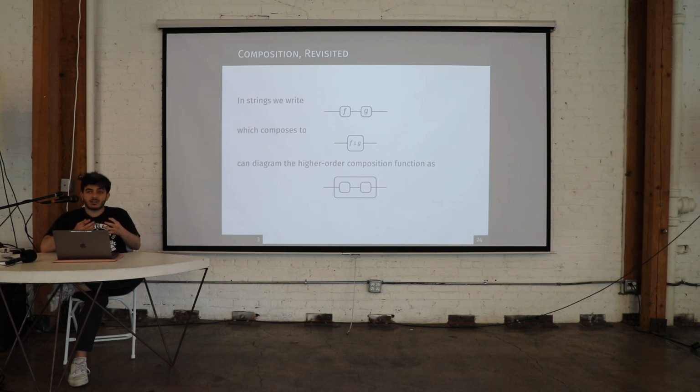So it's like a fractal or a holon, if you have read Arthur Koestler. I like to call the internal things slots, and the external output, the outer box, a screen. It's almost like imagine you're plugging in cartridges that then render an image onto a screen. So if I want to do F then G, I literally will plug in an F into the first box and a G into the second box.